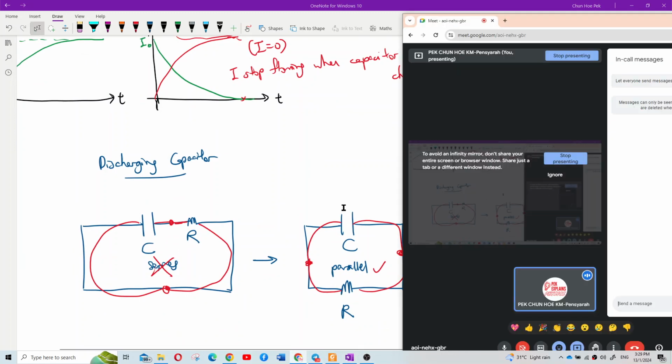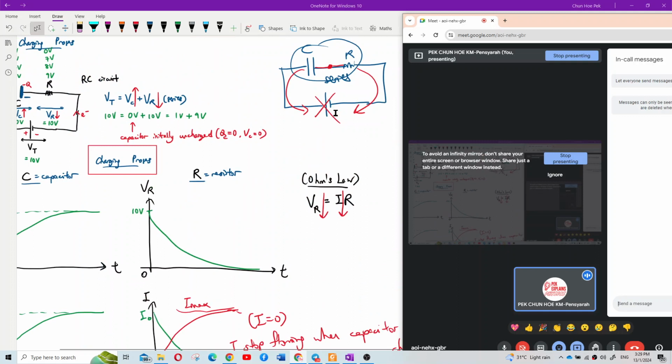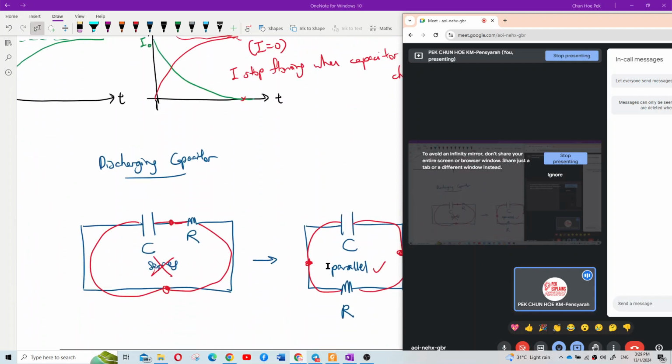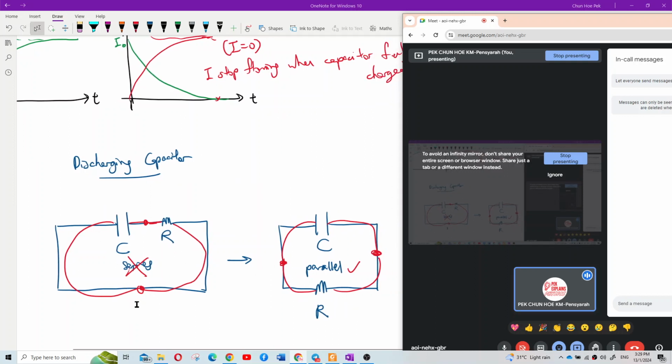Itu cerita dia. Sebab ini resistor macam boleh letak di bawah kan. So you can see the other leg, they also connect each other. They become parallel. Very important, class.